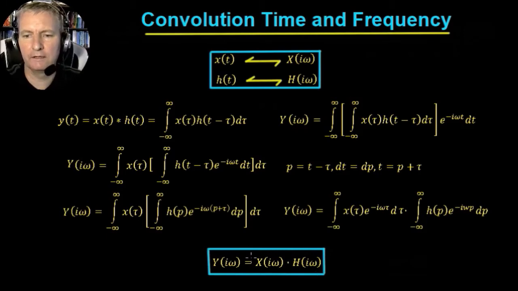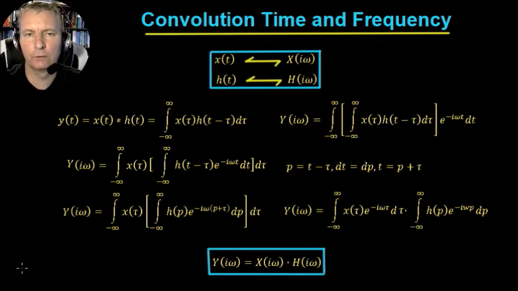So we can see that y of i omega is equal to x of i omega times h of i omega. That really shows us that whenever we convolve these two functions x of t and h of t in the time domain, it's equivalent in the frequency domain to multiplying the two functions together. So that's our little analytic proof.